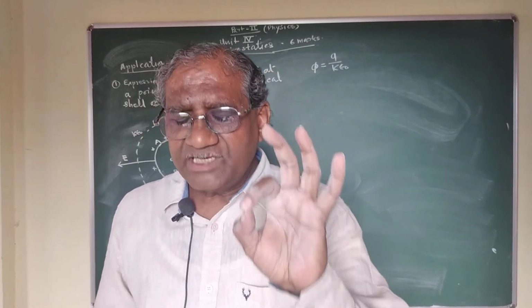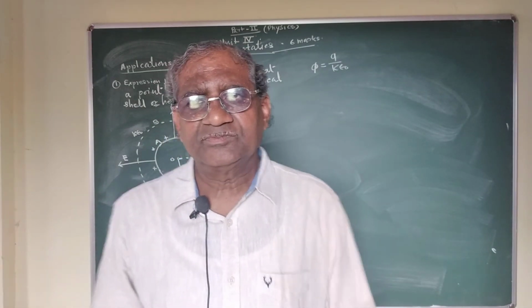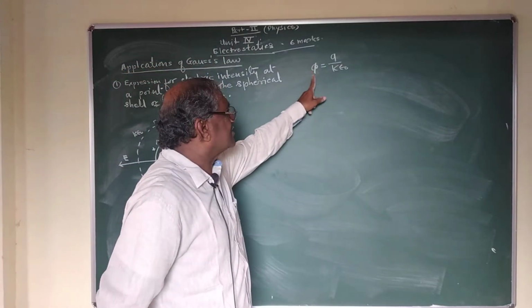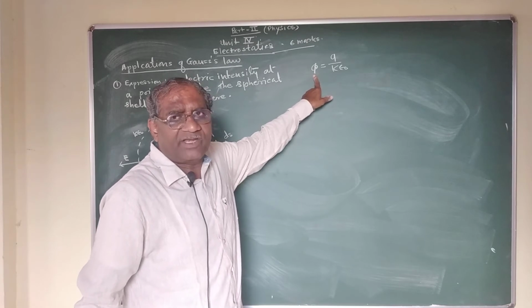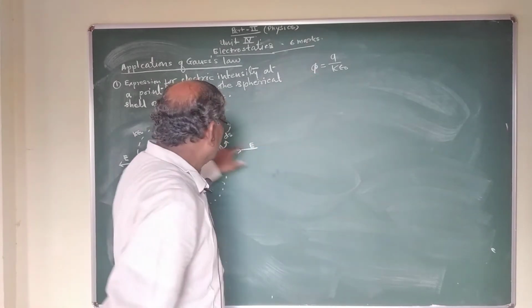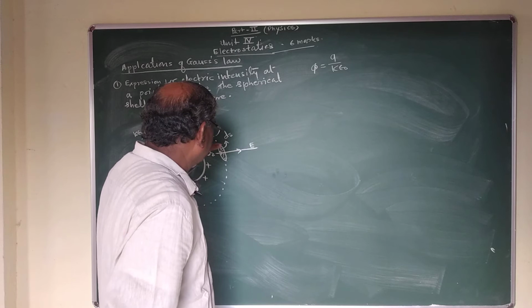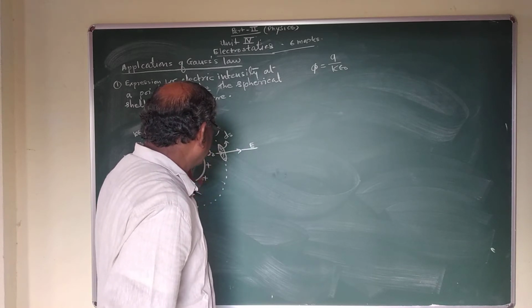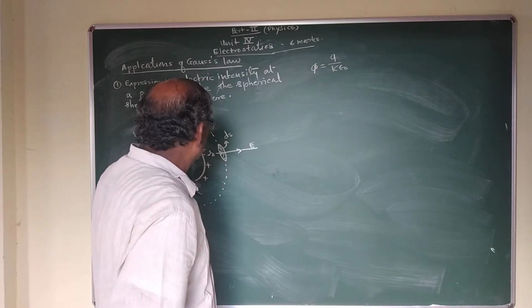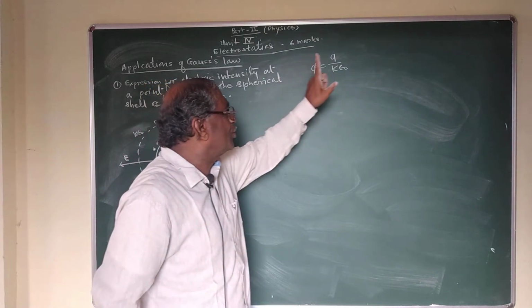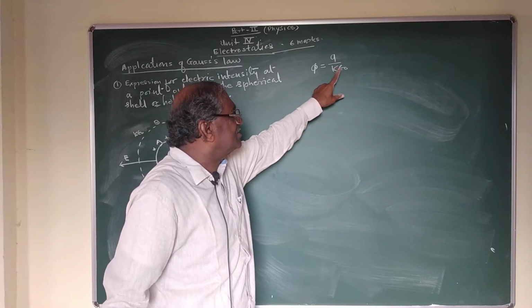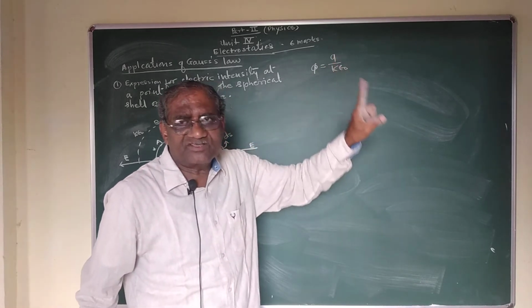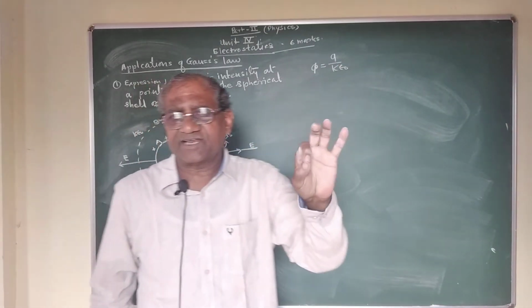That is, by using Gauss law, the total electric flux passing normally through any closed surface drawn in an electric field is equal to 1 upon k epsilon 0 times the total charge enclosed by the surface.